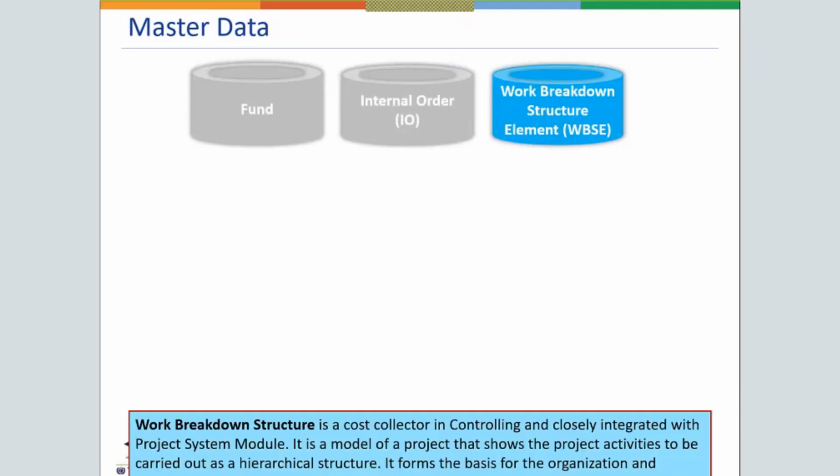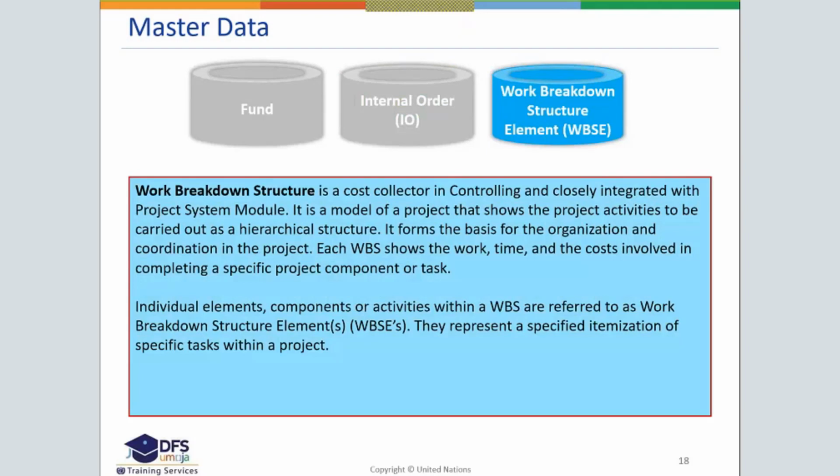The work breakdown structure element, I am not going to go very deep into this because tomorrow we will have a session on projects and we will see it in depth. But you can more or less guess.